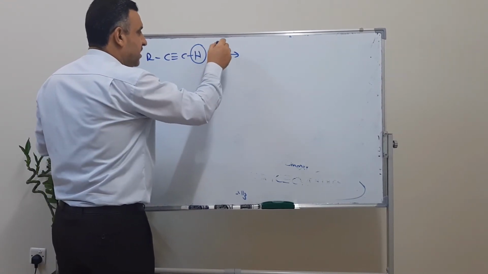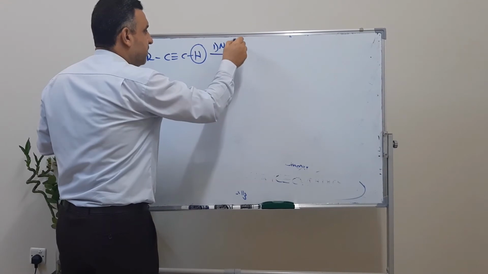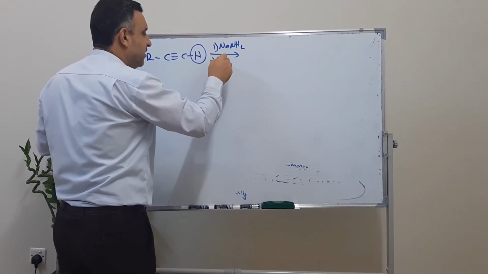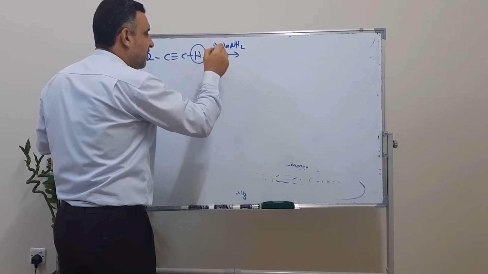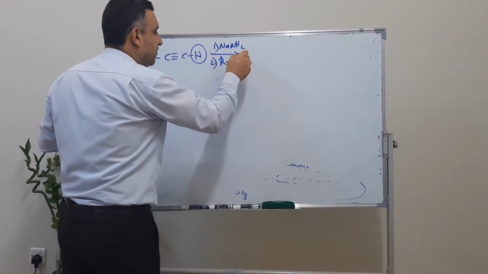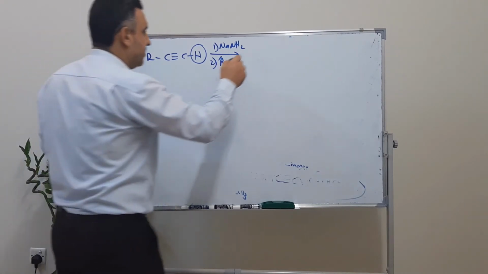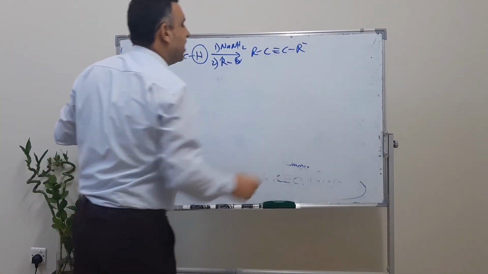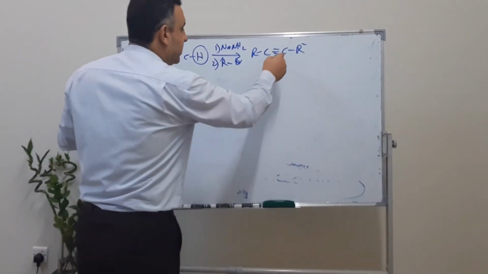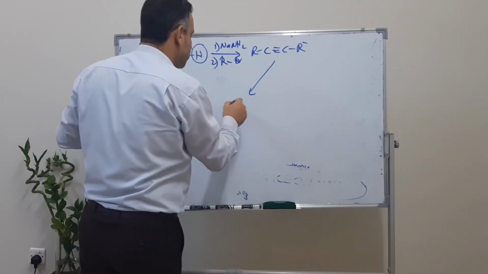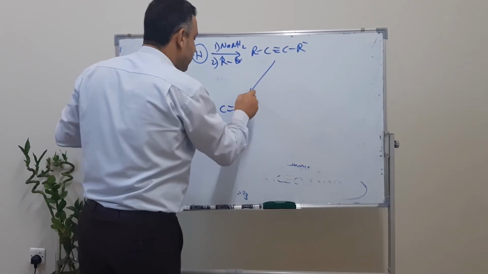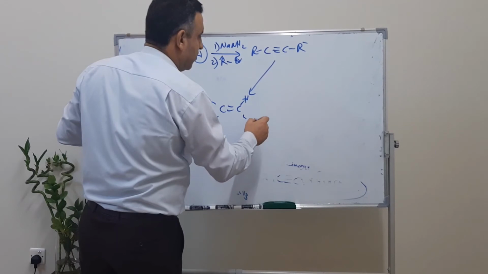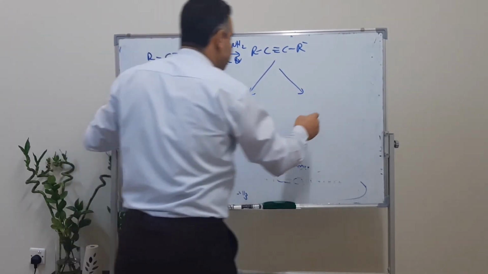First, sodamide, by taking off this hydrogen. Second, by reacting with a primary, let's say, R prime alkyl halide. In this case, we can introduce another R prime here. And then you can convert this, for example, into trans alkene, or you can convert it into cis alkene.